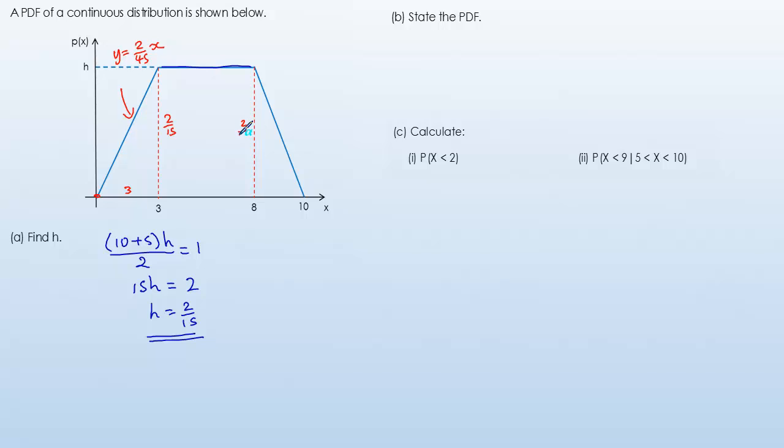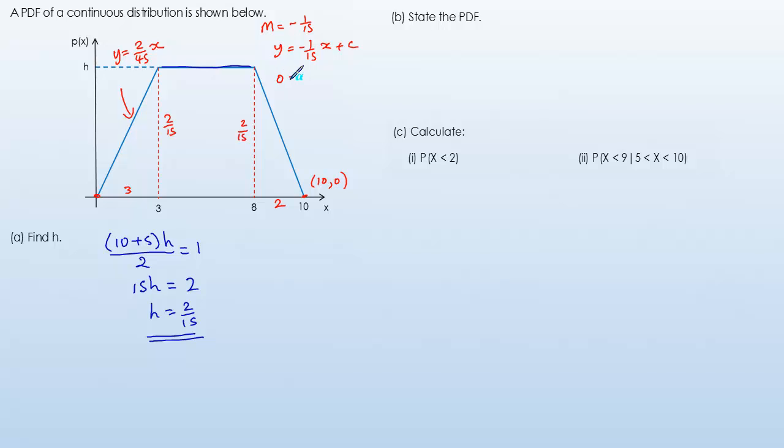We need to know this one. Once again, this is 2/15, and we can see this is 2. So the gradient here, notice it's negative, is going to be negative 1/15. And we can see it goes through this point here, which is (10, 0). So y is negative 1/15 x plus a constant.